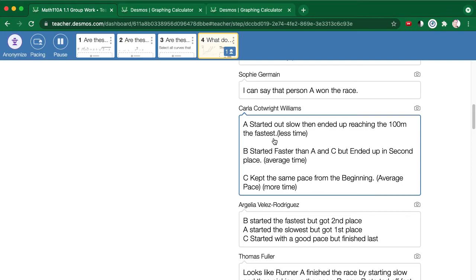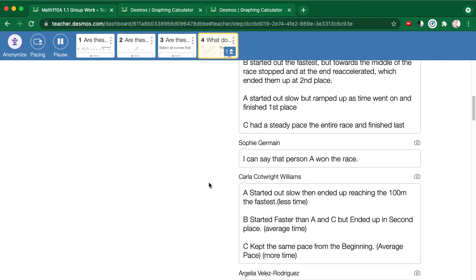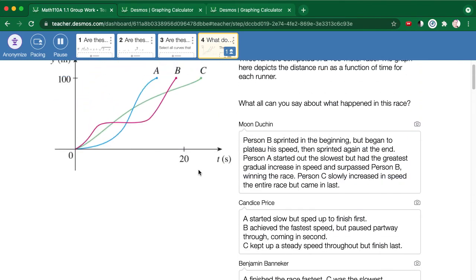This is good, because this one shows they reached the 100 meters the fastest, in the least amount of time. And C kept up the same pace from the beginning. I think this sentence here really gives a big clue.